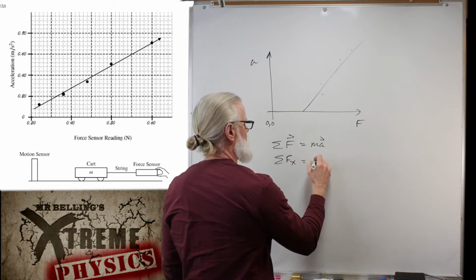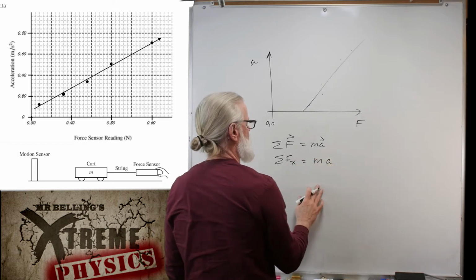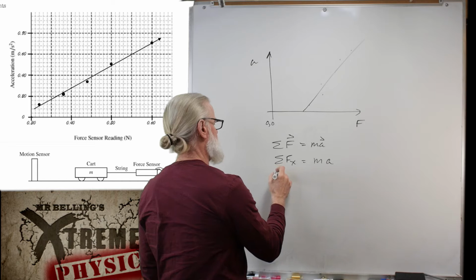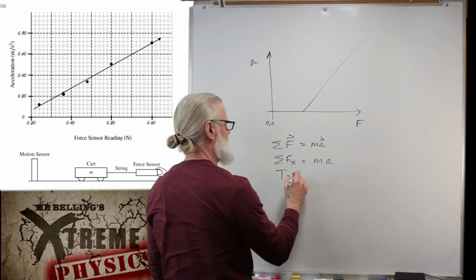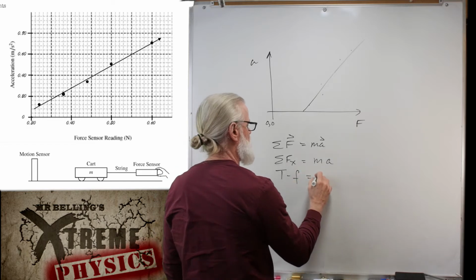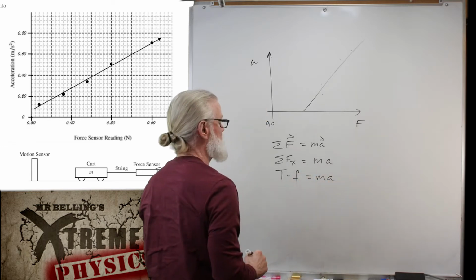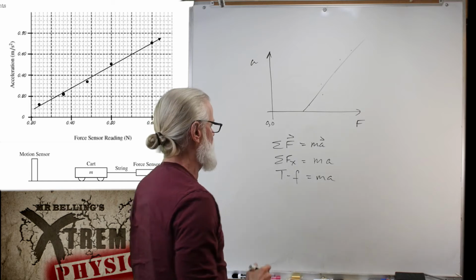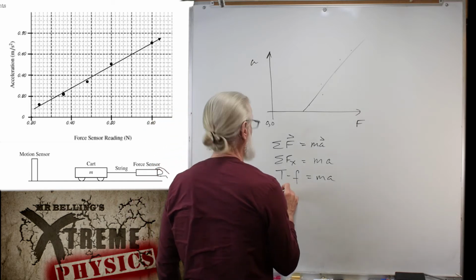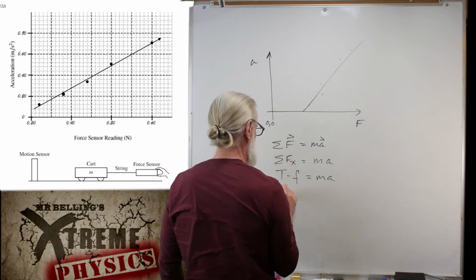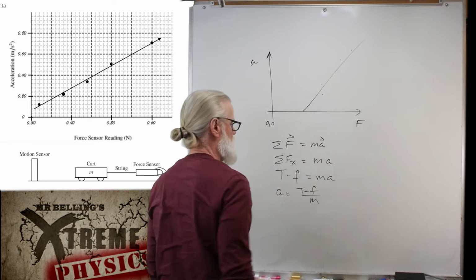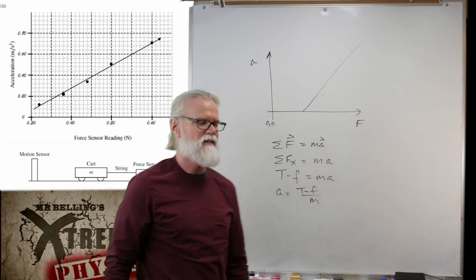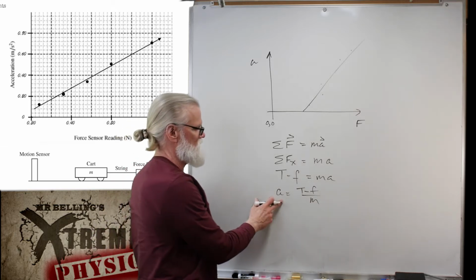To the right we had tension, and to the left there's going to be friction, equals mass times acceleration. Let's get A by itself. A equals T minus F over M, right? So that's the mathematical relationship.